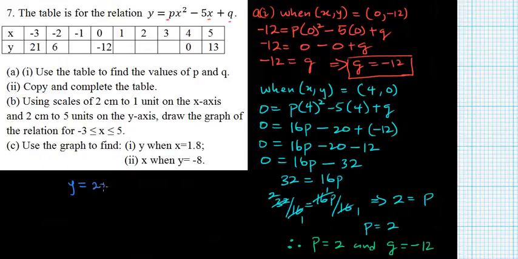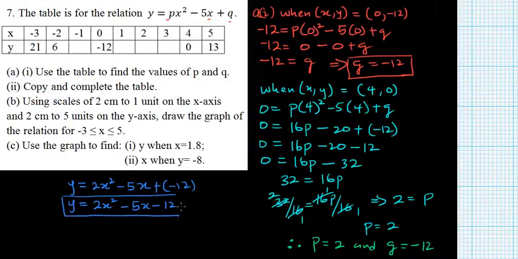We'll have y is equal to 2x squared minus 5x. You know q is minus 12 now, so this will be plus minus 12, and this will be y is equal to 2x squared minus 5x, plus times minus is minus, 12. So this is a complete relation, where we have the values of p and q.